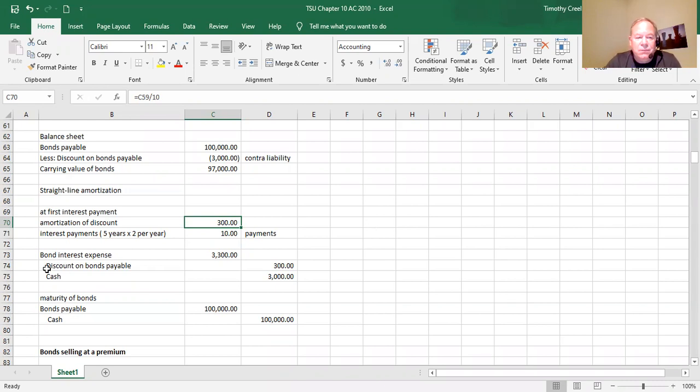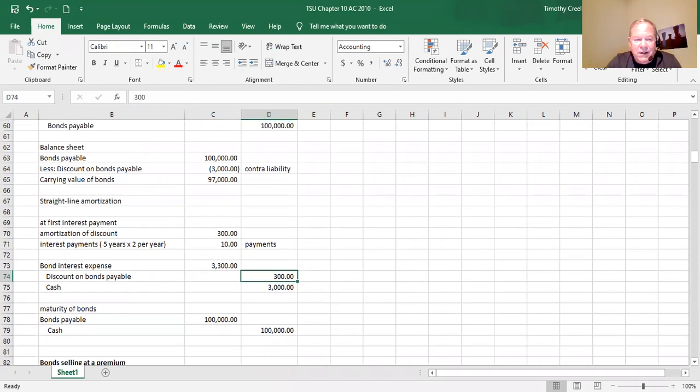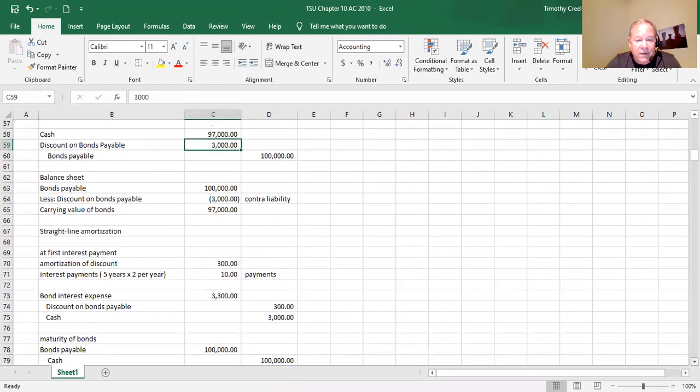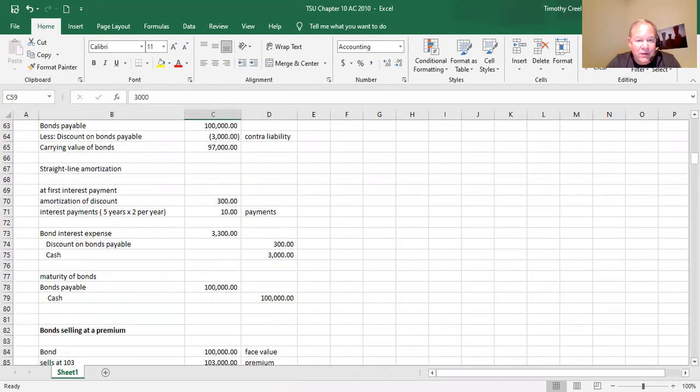Notice that we're going to credit discount on bonds payable for 300. We did that because when we did our initial journal entry, we debited all of the discount to discount on bonds payable. If we want to clear that out to zero by the time the bonds mature, we're going to credit that account every time we make an interest payment for the amount that we're amortizing.